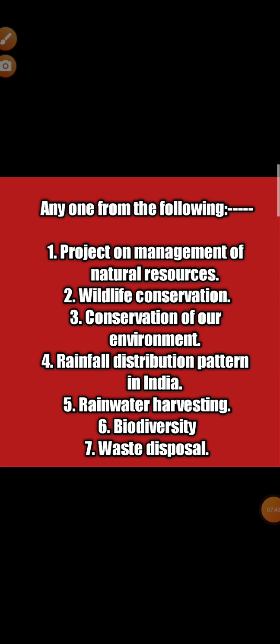So here you can see 7 topics have been given. From these 7 topics you have to do any one. First topic is project on management of natural resources, which is entirely based on the chapter, and you can use the entire knowledge from the book for performing your project. Or point number 2, you can make a project on wildlife conservation.